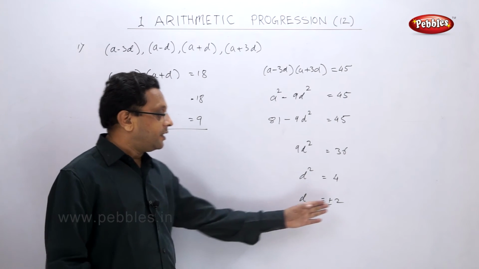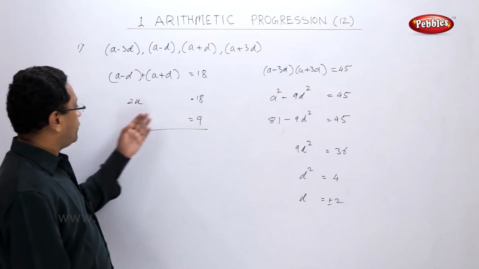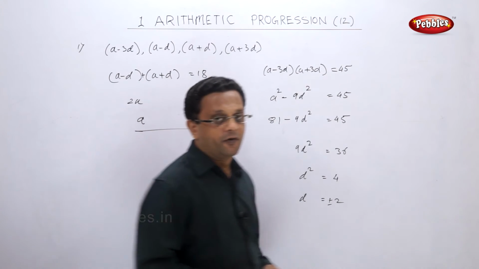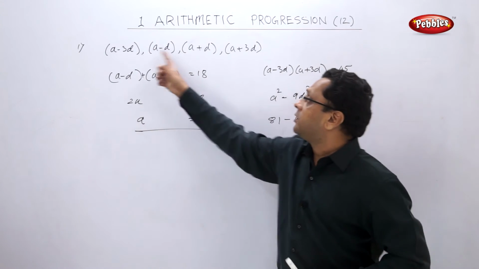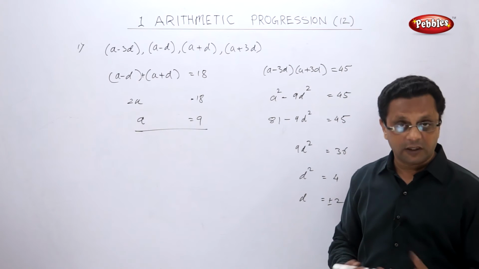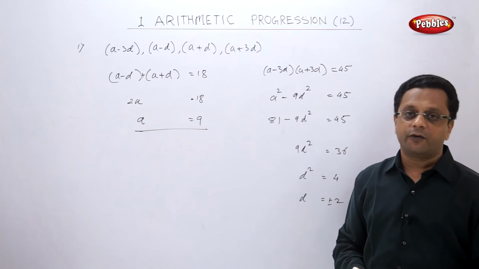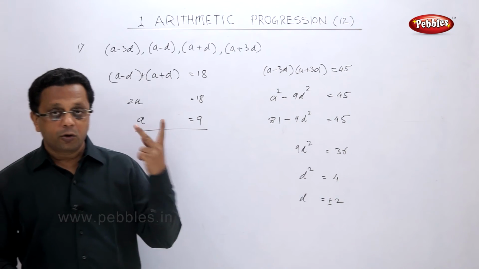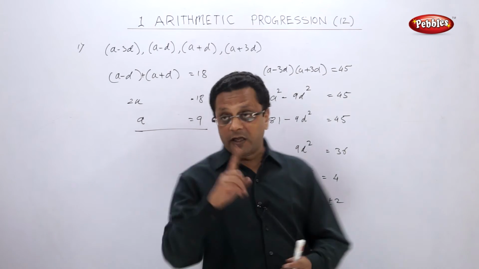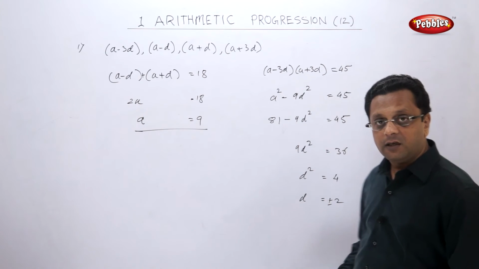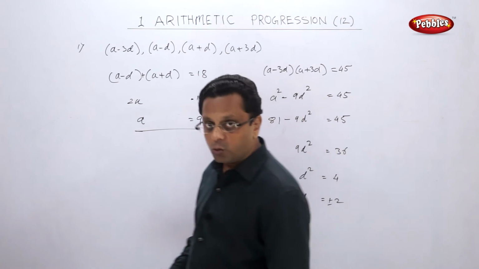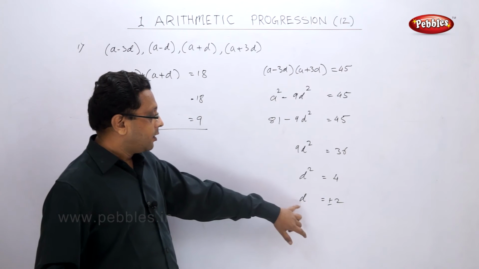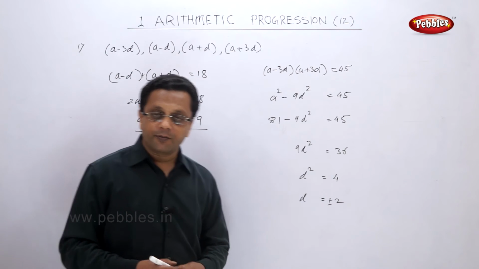So once we get d plus or minus 2 and we get a, then we can substitute in this sequence and find out the first consecutive terms. Now in this case you will get two sequences, right? One with plus d, that is d equal to 2, and the second sequence you will get d equal to minus 2.